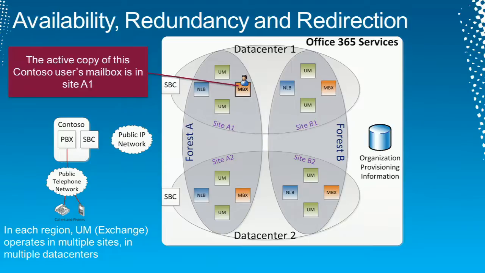And you notice that the capacity forests are stretched across sites in different data centers. This is the standard Exchange Online design, where the DAGs are stretched across sites in different data centers for site resiliency. And of course, each region is going to be operating in multiple sites and multiple data centers.